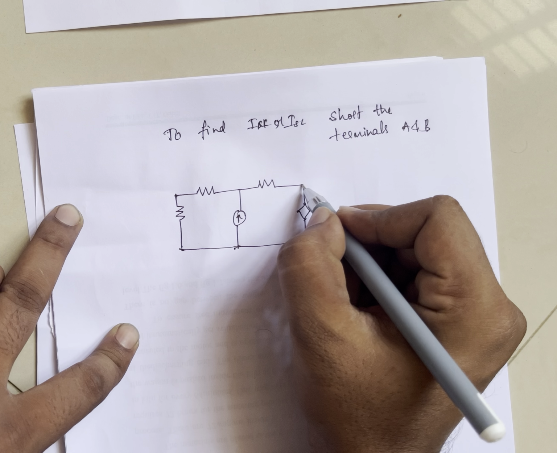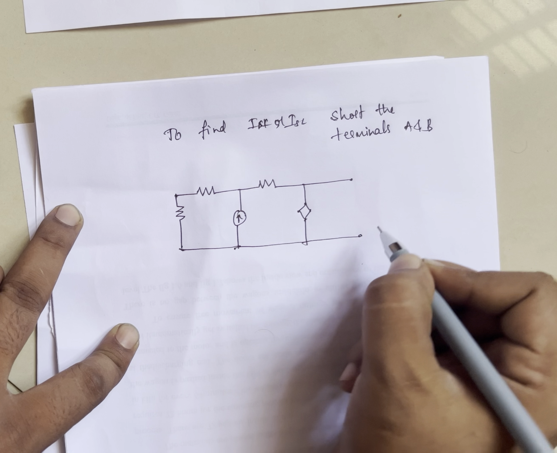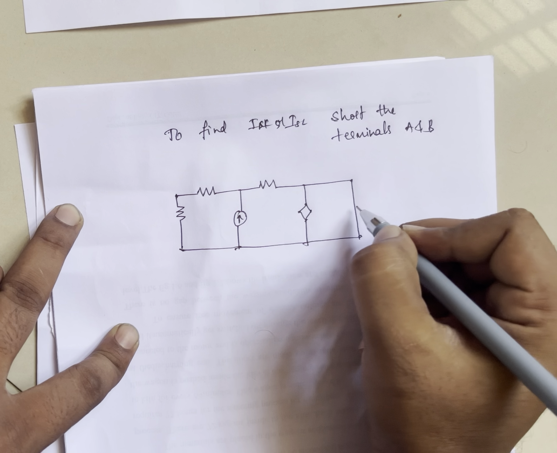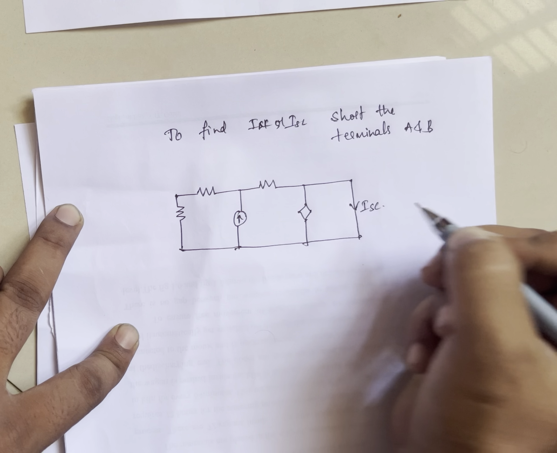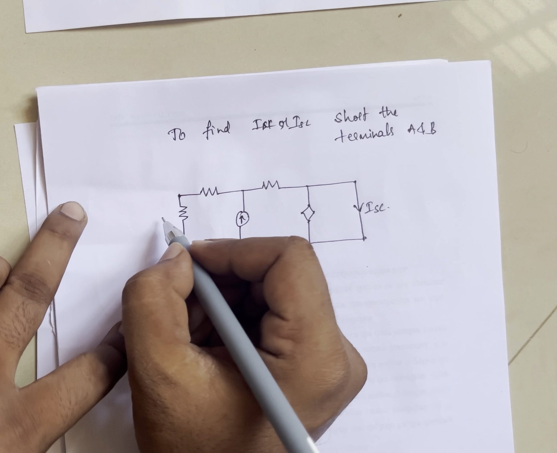This is the circuit. The terminals A and B are shorted now, and the current flowing through this is ISC. For this current you need to find the value of RTH.